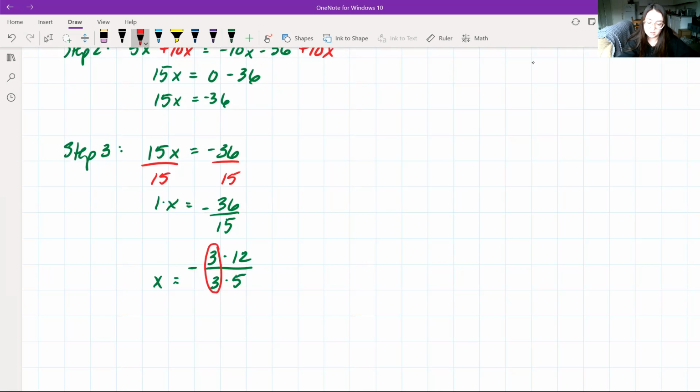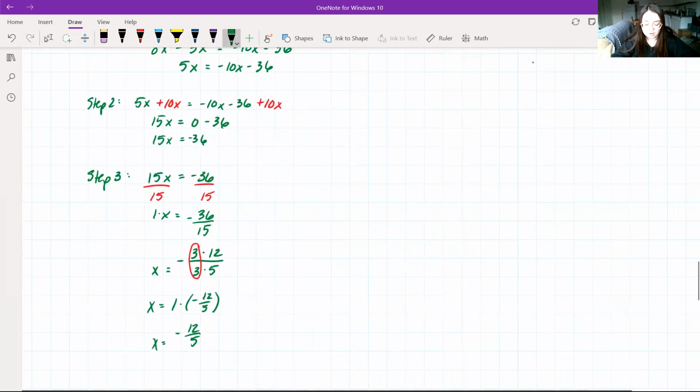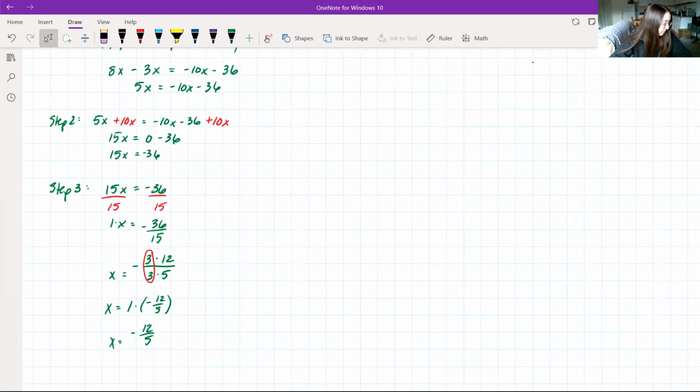We see we have 3 in the numerator and the denominator, and using our property of 1, this gives us x is equal to 1 times negative 12 over 5, which is just x equals negative 12 over 5. So that's what we got as our value of x here.